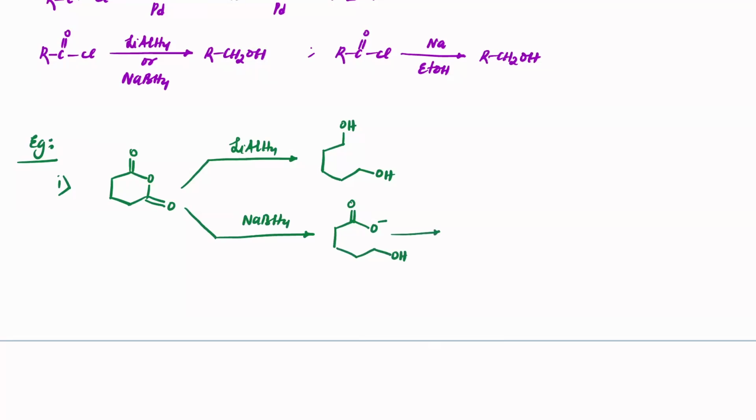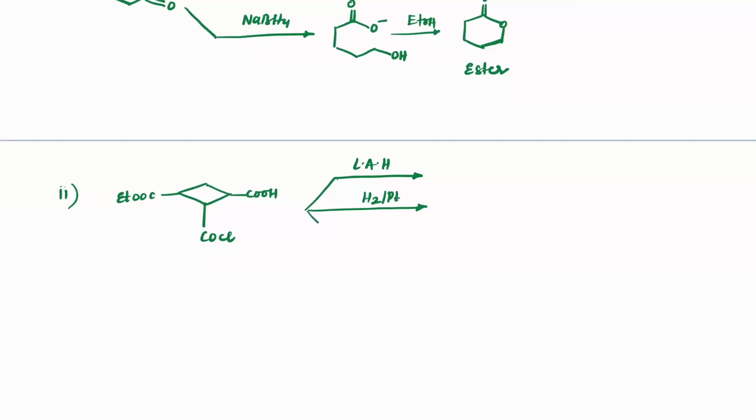And this alcoholic part will again be connected to the acid with ethanol, so it will compete to get back into ester formation. So the ester is what you will report as the final product, the cyclic ester. So see the difference in the product here.